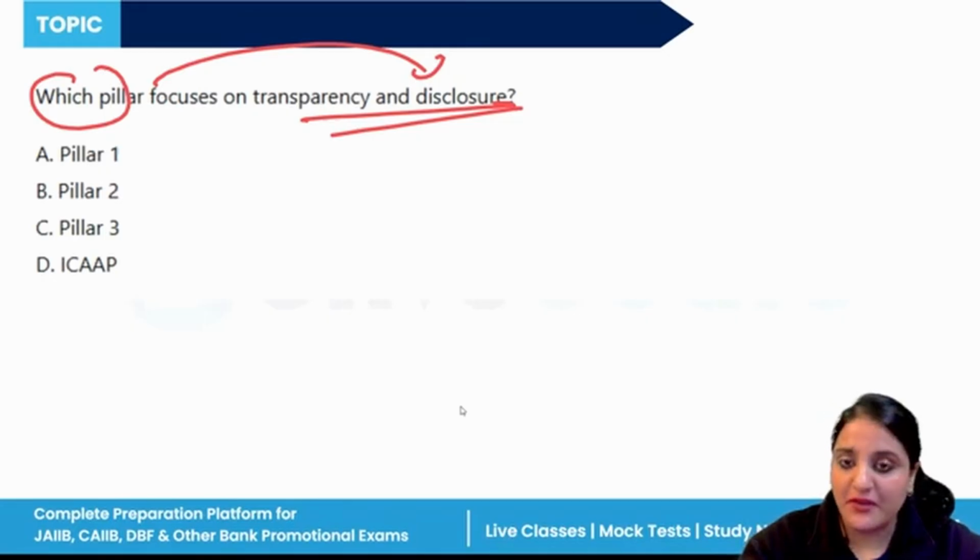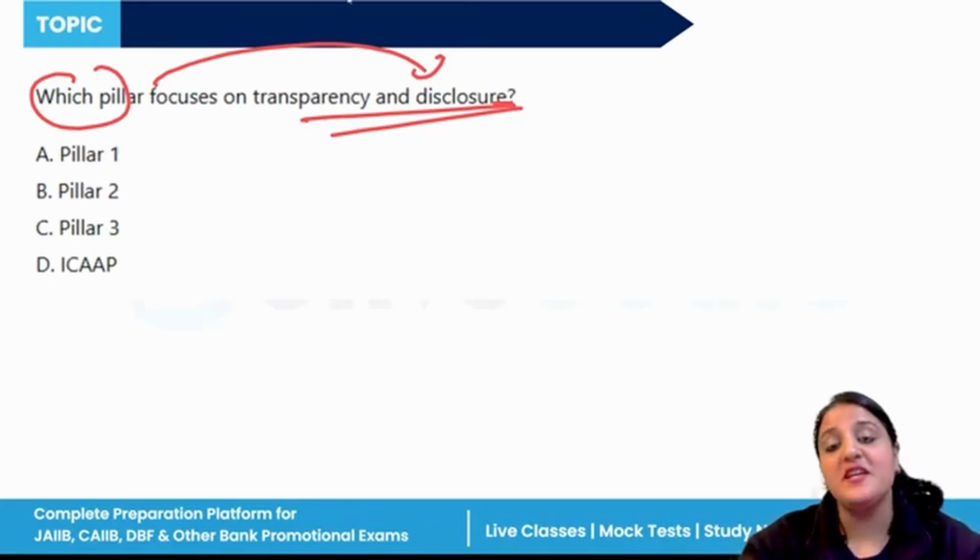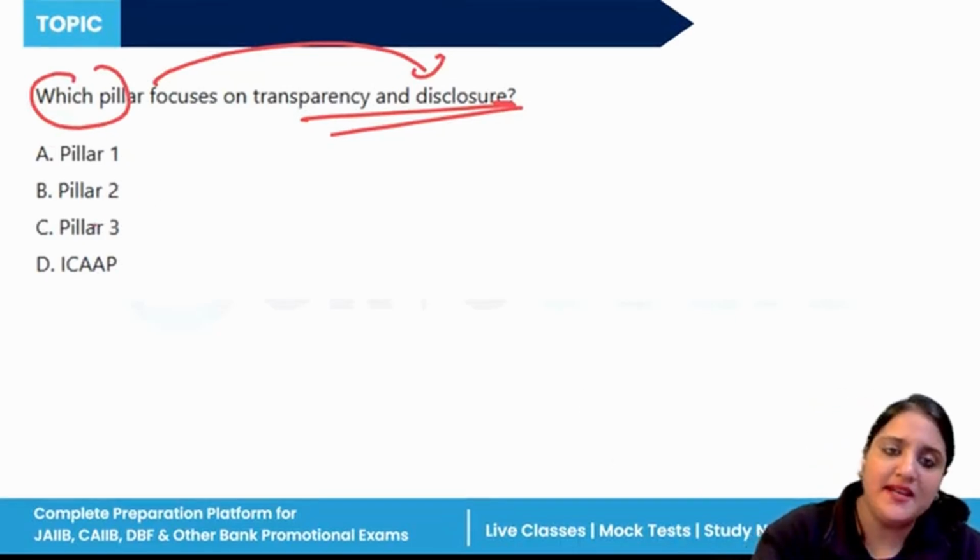Disclosures should be meaningful. Disclosures should be consistent over the time. And yes, disclosures should be comparable across the banks. So, which pillar focuses on transparency and disclosure? Simple answer is pillar 3.